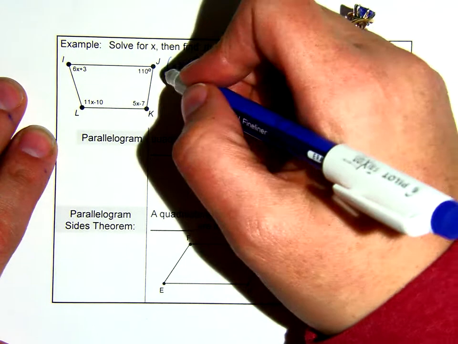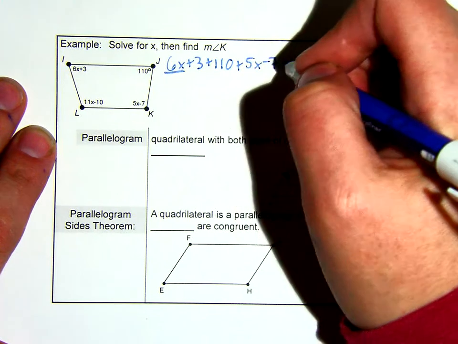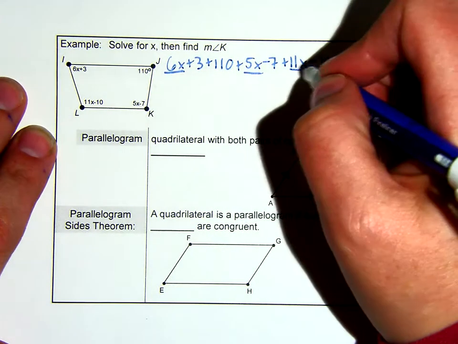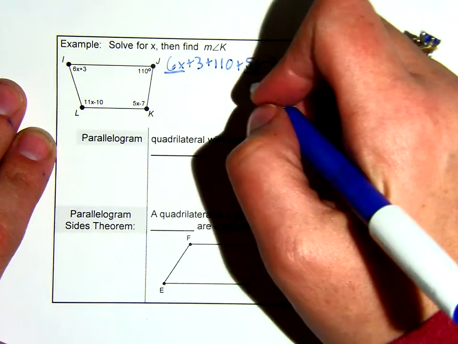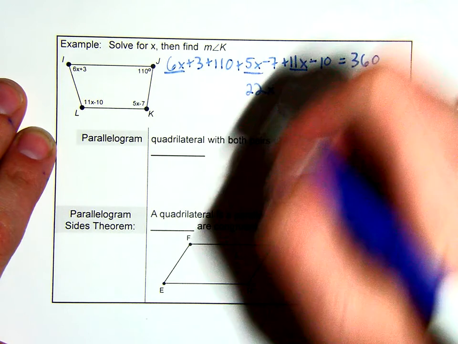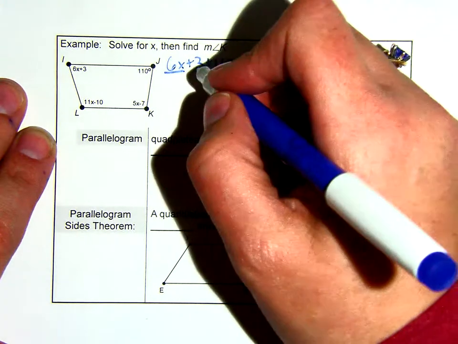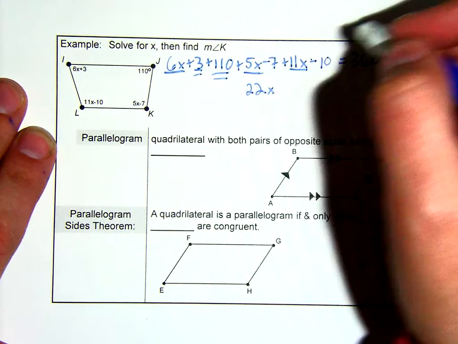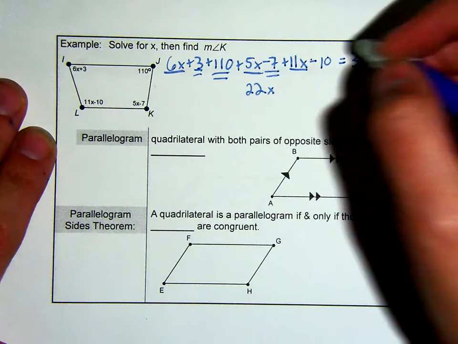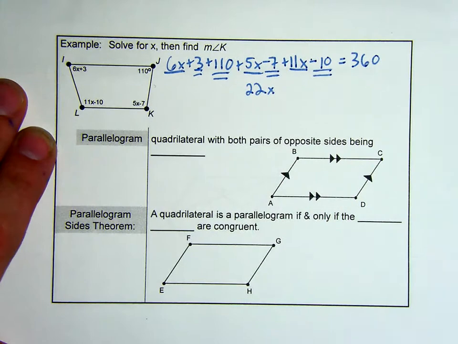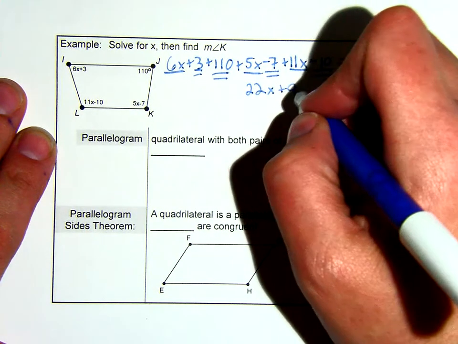Combine like terms, so 6x, 5x, 11x adds up to 22x. Our 3, our 110, our negative 7, and negative 10 are like terms, and those add up to 96.